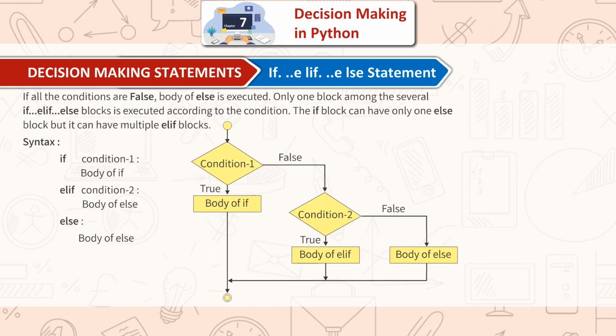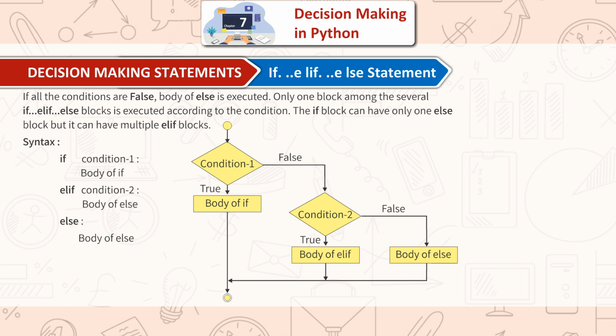If all the conditions are false, the body of else is executed. Only one block among the several if, elif, else blocks is executed according to the condition. The if block can have only one else block, but it can have multiple elif blocks.